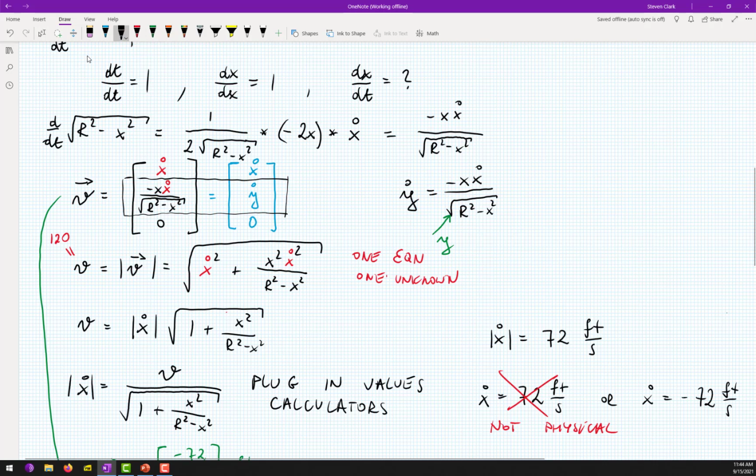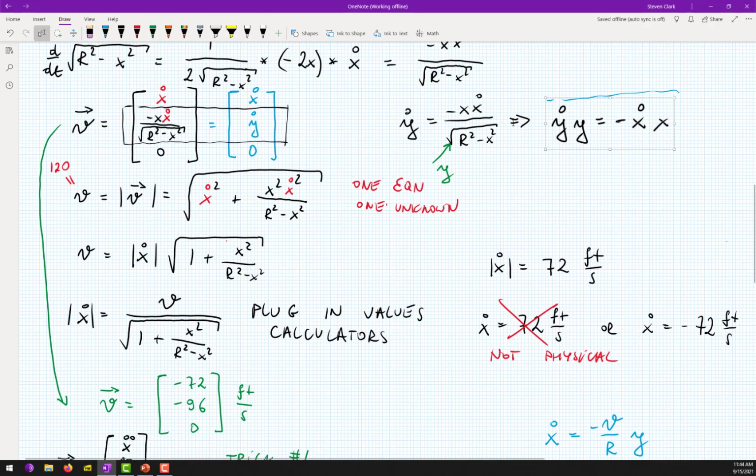So we end up with such an expression: y dot y equals minus x dot x. There's some bit of symmetry in this expression. Let me copy this expression here.